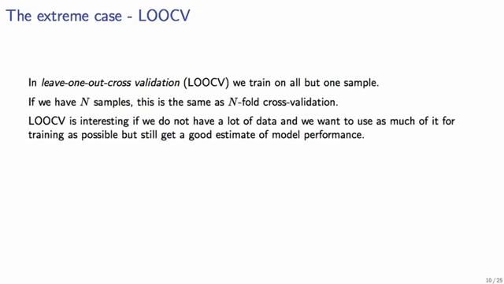In the extreme case, we use as many folds as we have samples, and this is then called leave-one-out cross-validation, because for each of the folds, we omit exactly one sample of the training data. This is especially useful if we do not have a lot of data and want to use as much as possible for training, but still get a good estimate of our performance.